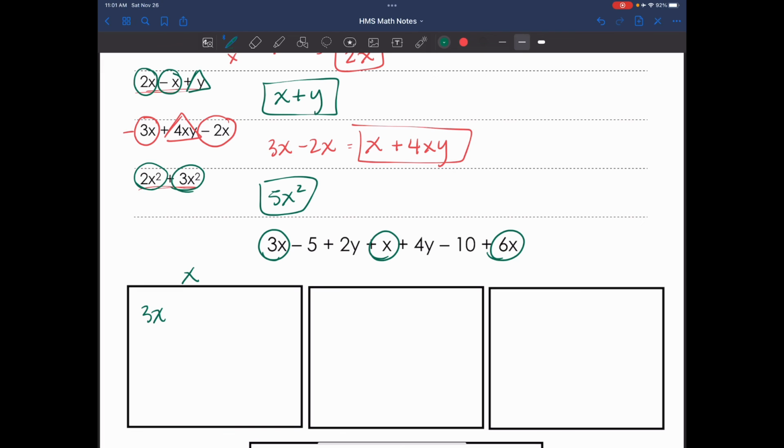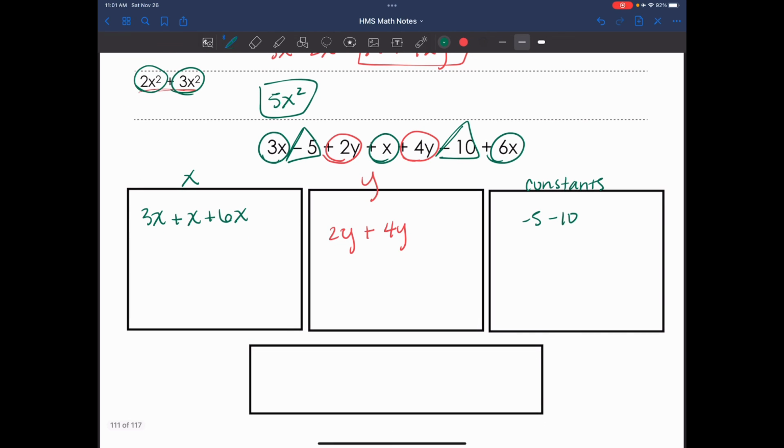So I can combine 3x plus x plus 6x. Then I see the terms with the y, so 2y plus 4y. That's it. So I'm going to have my y box. 2y plus 4y. And then lastly, I see my constants. Negative 5 minus 10.